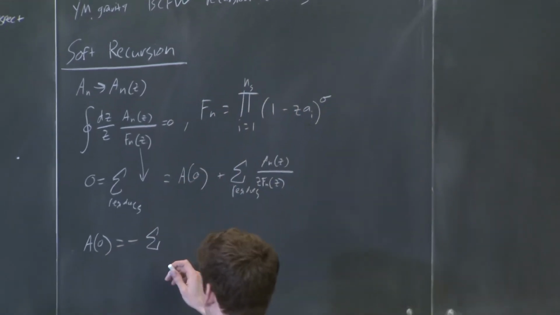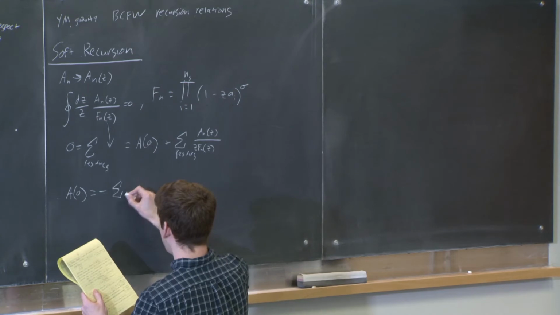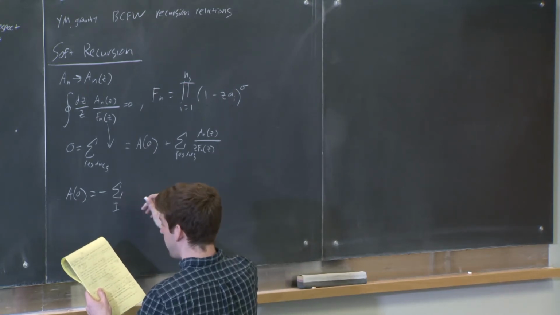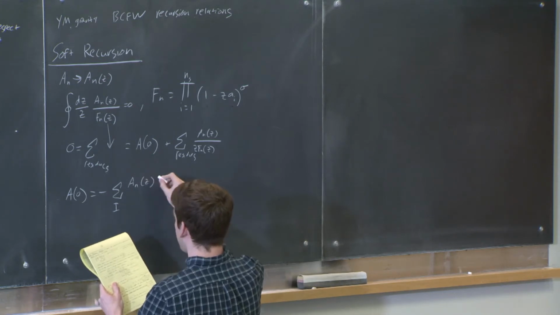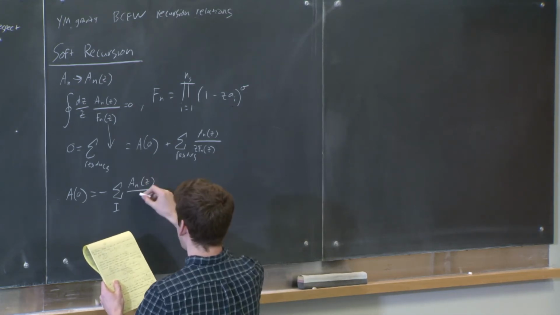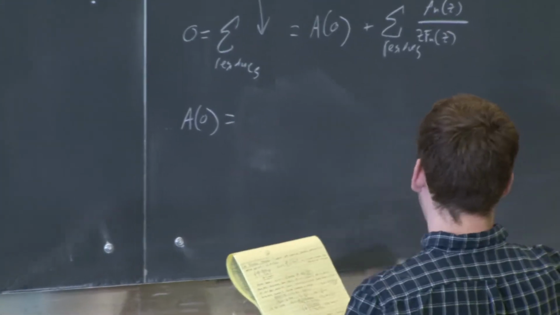So you can write like sum over factorization channels an z. So I'm going to skip a couple steps.